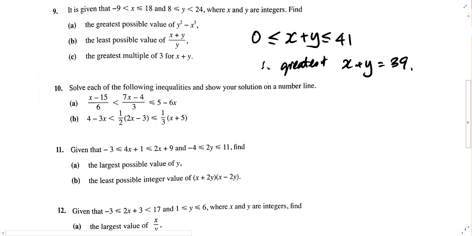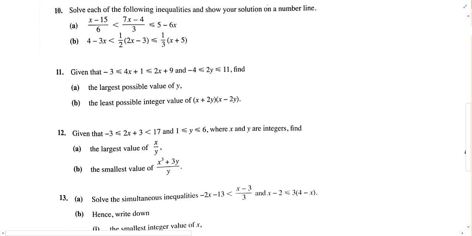And now moving on to question 10. Solving the inequalities. Similar to the first question, we have to break them down into 2 parts. This is the standard way of doing it. So for the first part, in red, we've got a fraction less than another fraction.